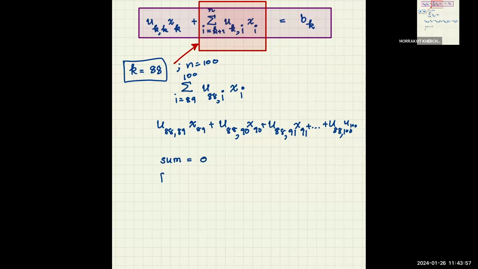And then for i start with 89, step plus 1 up to n, sum equal to sum plus u k i x i, right? Okay, this is how we get the summation.